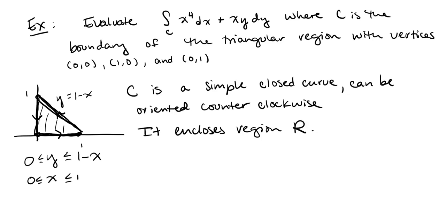This might be an excellent situation where converting from the line integral to the double integral is going to be simpler than splitting the line integral into those 3 pieces.